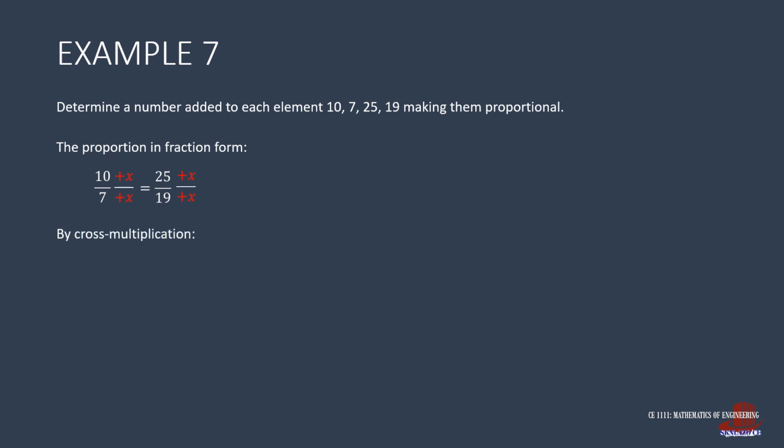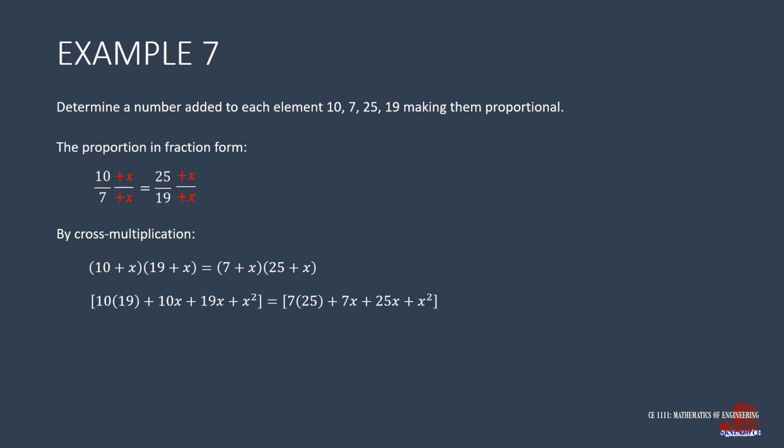By cross multiplication, we get 10 plus x times 19 plus x equal to 7 plus x times 25 plus x. Expand the terms to get 10 times 19 plus 10x plus 19x and x squared. This is equal to 7 times 25 plus 7x plus 25x plus x squared.